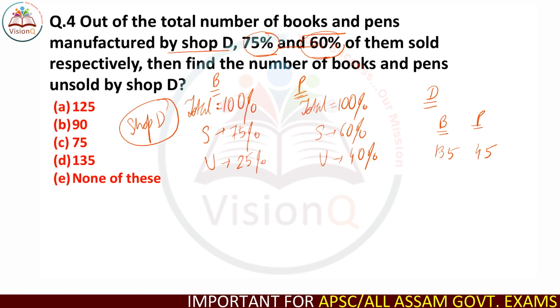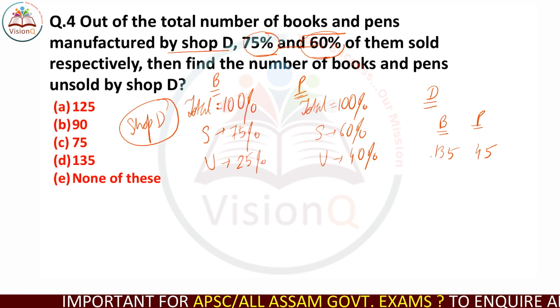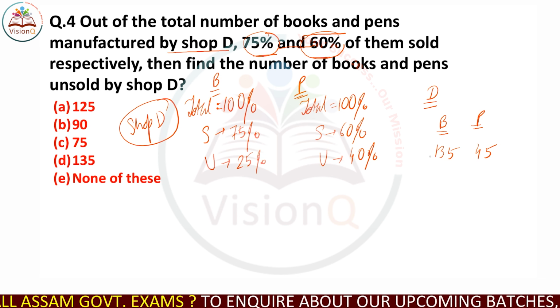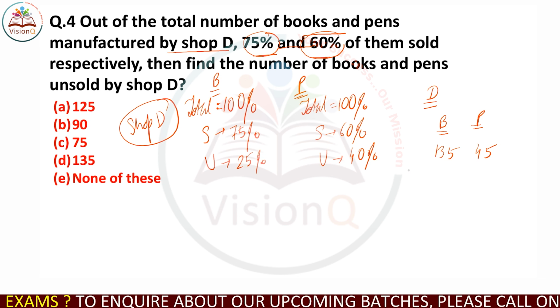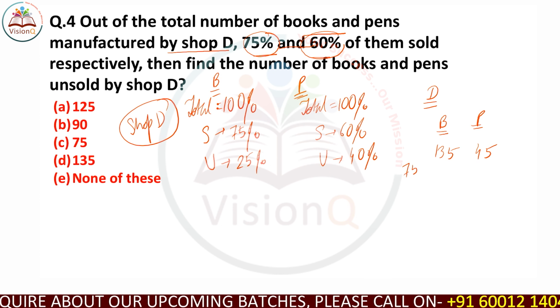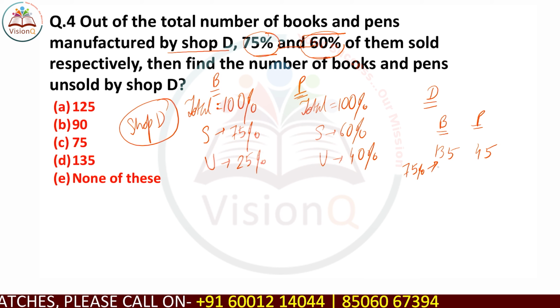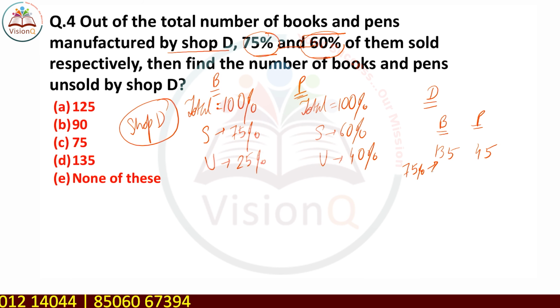Now out of all the number of books manufactured, 75% of the total manufactured books have been sold. So can I say 75% represents 135? I can say that, na? 75% of the total number of books represents 135. So if 75% is 135, it is asked to find unsold books.